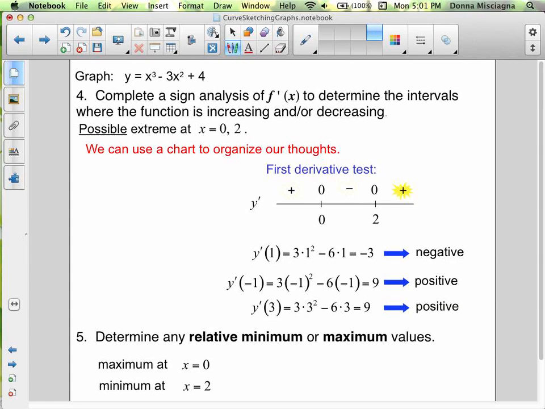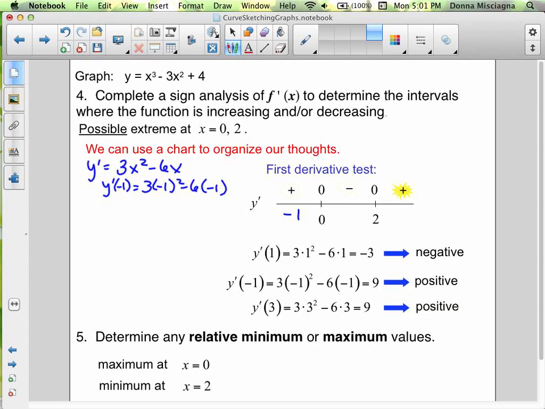If we plug in something less than 0, like negative 1, into the derivative, 3x squared minus 6x, we have 3 times negative 1 squared minus 6 times negative 1. That would be 3 plus 6. That was 9. Right, so that's a positive value.